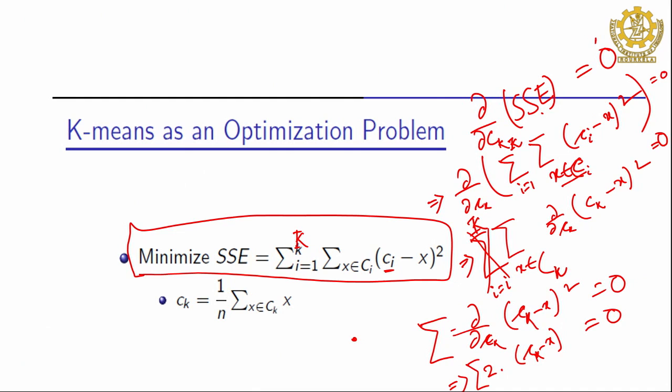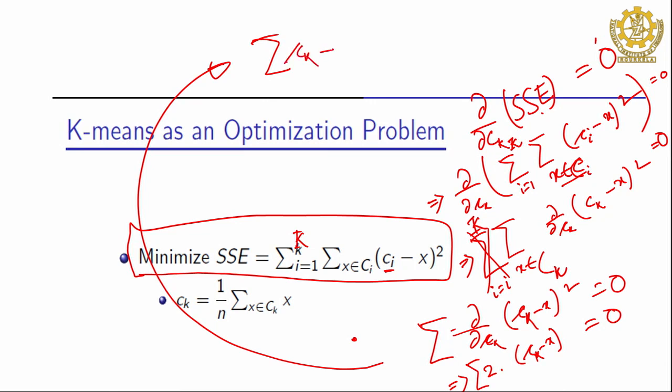From here we can write summation over c_k minus summation over the points x in the kth cluster of x, and this should be 0.